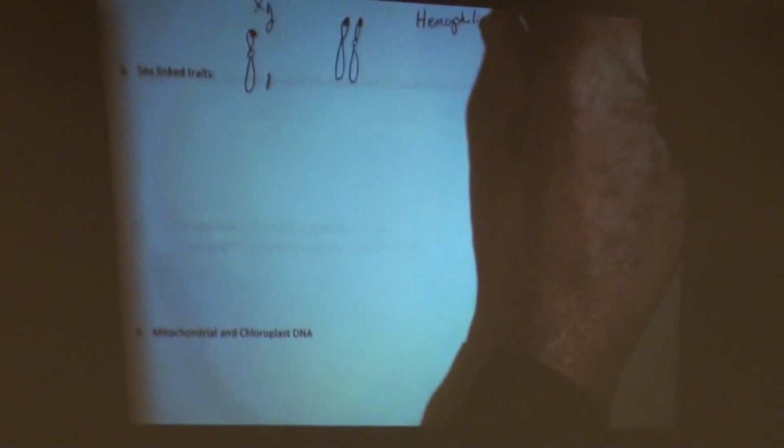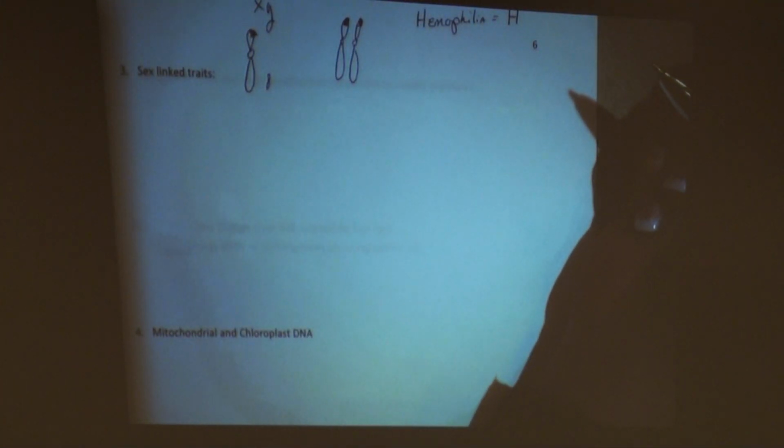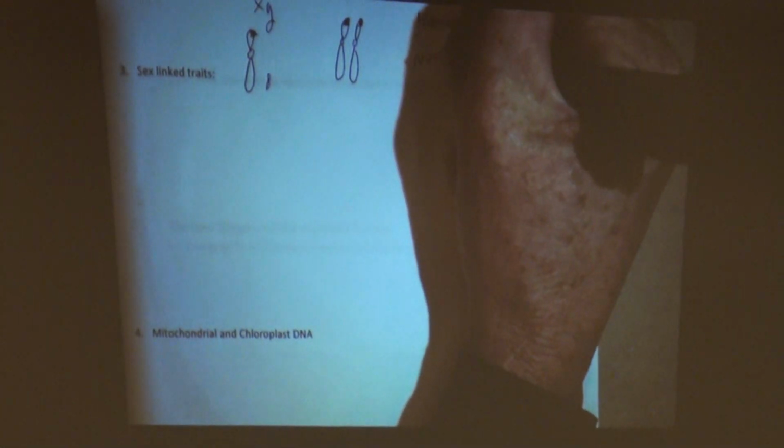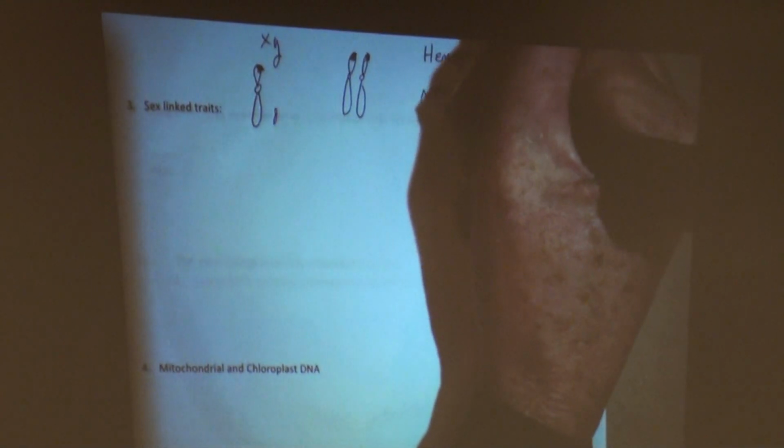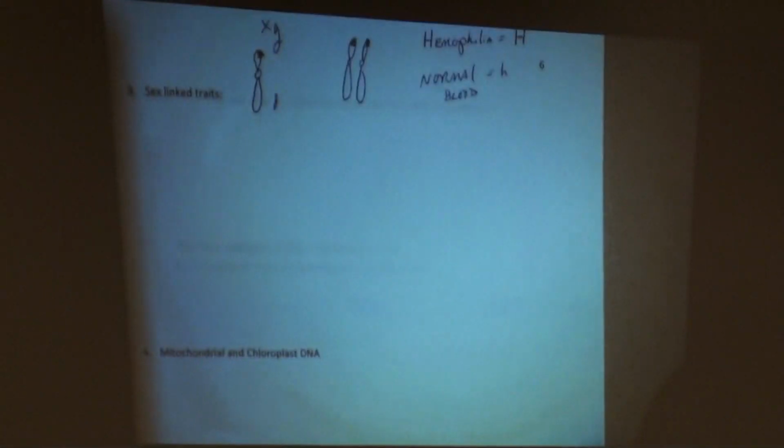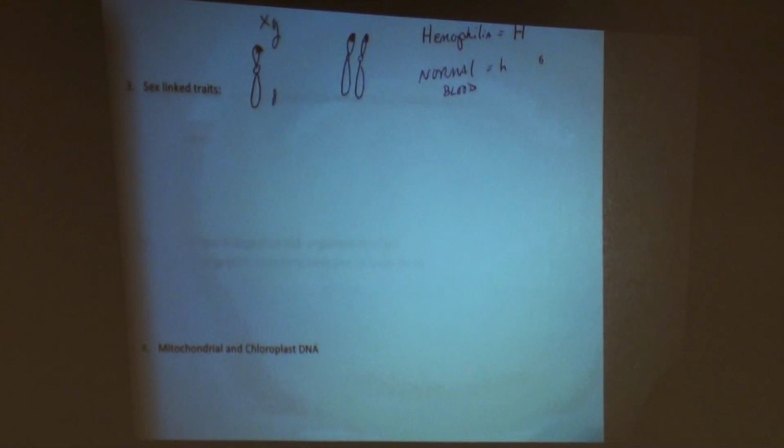It can be other clotting factors, but lots of times it's that. So we use a capital H for that. It means they have that trait. Whereas normal is going to be a small h. Okay, normal blood, normal clotting. Do y'all see the difference, how they do that? It's flipped.